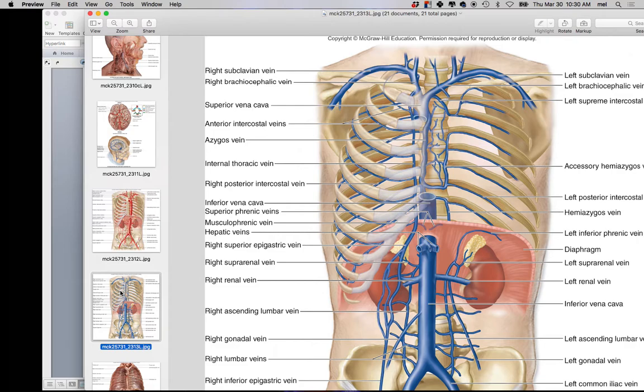Good? Yeah, watch. Intercostal, right? On the left side. That's your intercostal veins. This guy right here is called the accessory hemiazygos. And then that gathers the blood. It goes down into the azygos and then up into the superior vena cava. So it's a weird flow pattern and everybody hates it.